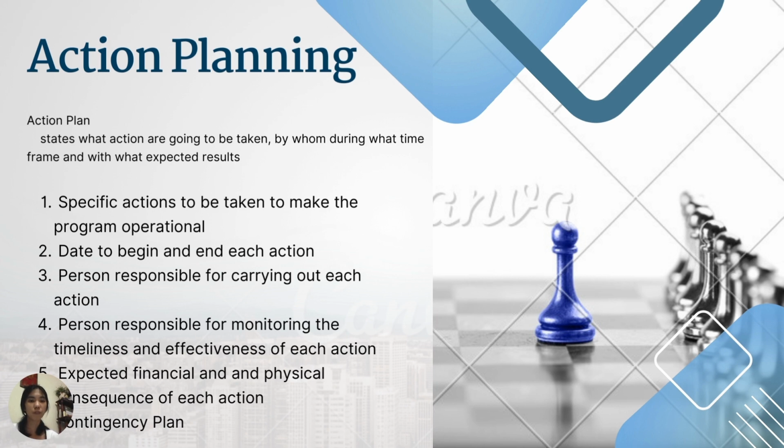And person responsible for carrying, kailangan may mga assigned tasks in those strategy. Kailangan may mga person responsible in those tasks para maging maayos yung implementation ng isang strategy. Yan. Then yung expected financial and physical consequence and the contingency plan.